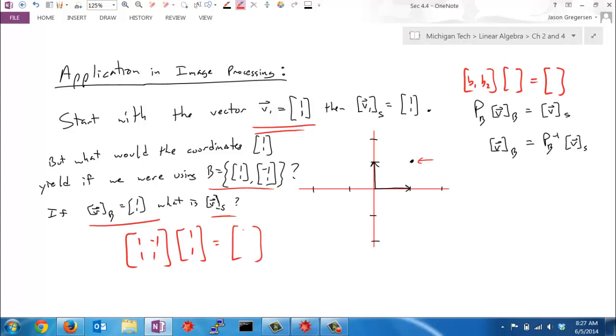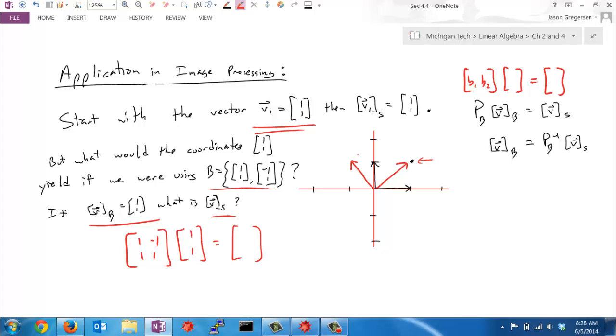But now I have a new set of basis vectors: 1, 1, which is this vector, and -1, 1, which is this vector. These are my new directions I can travel with. If I go 1 in this direction and 1 in this direction, where am I going to end up? Somewhere in this area, right? Whatever this vector is, that's going to represent 1, 1 in terms of this basis.